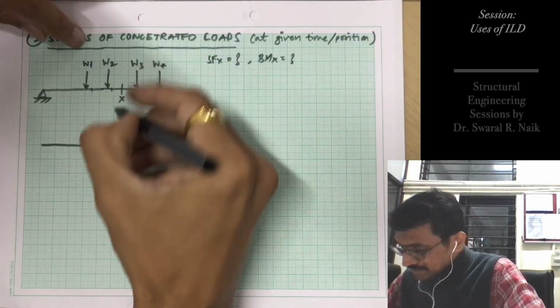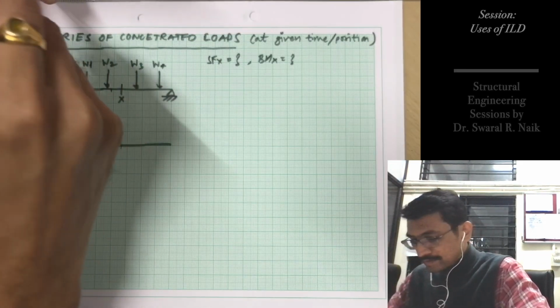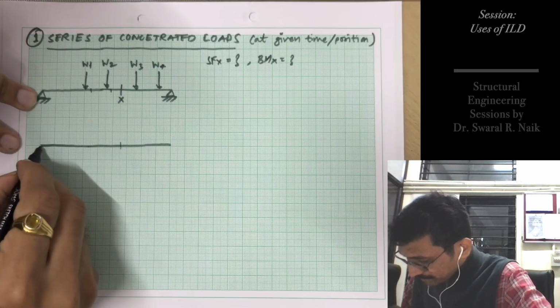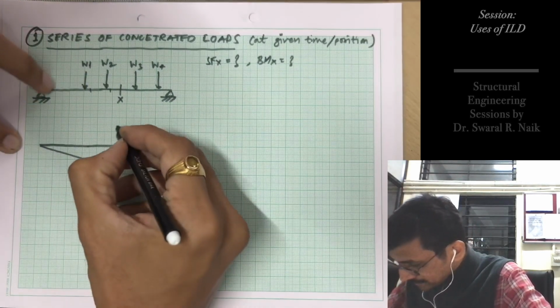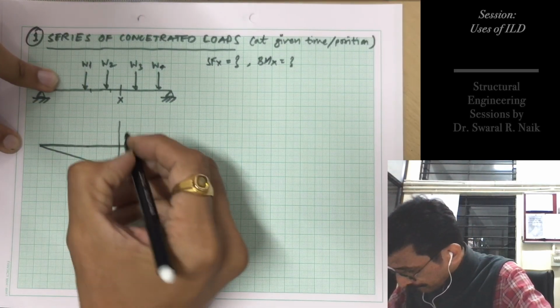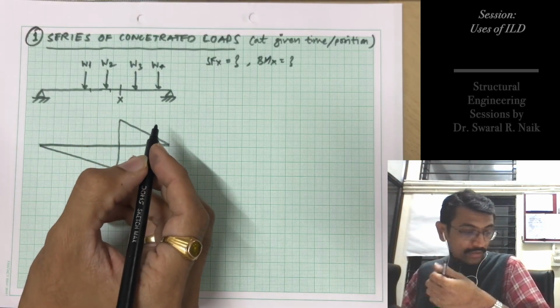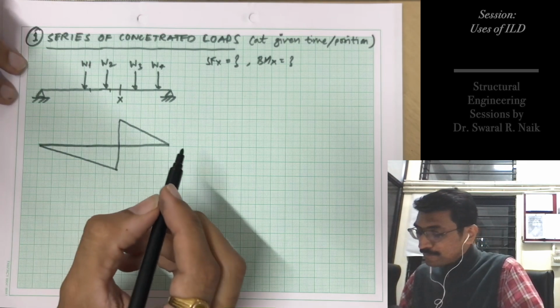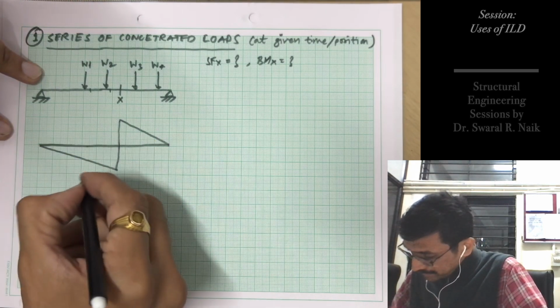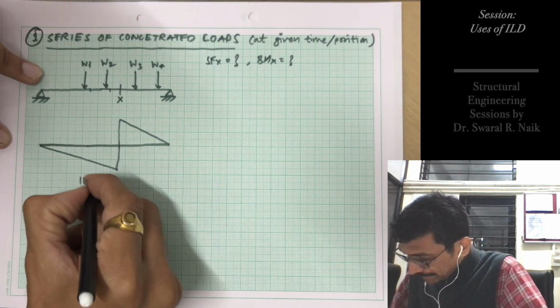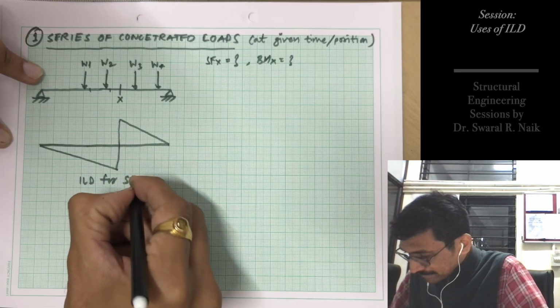So this is your section, this is your section, this will be like this, and this will be something like this. We already know the shape of the ILD for SFX, so this will be nothing but the ILD for SFX.